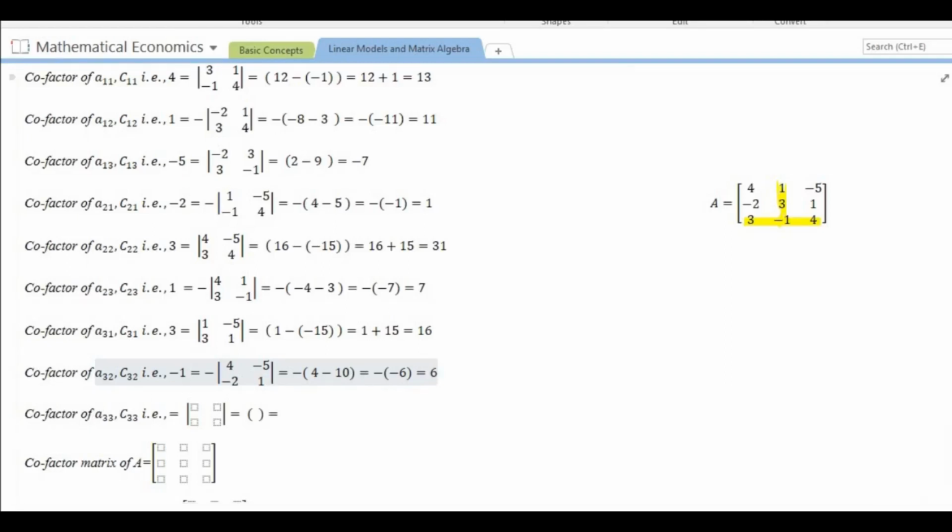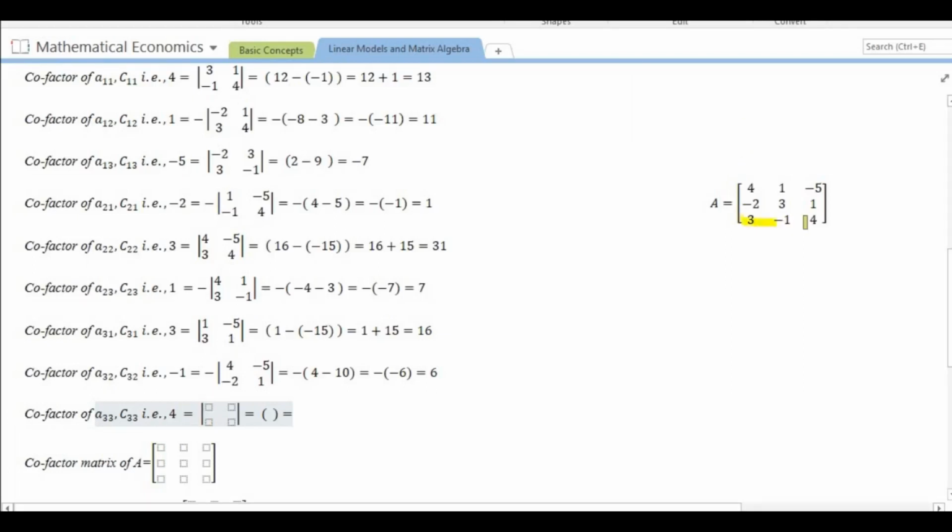Next, cofactor of A33, element present in the third row and third column, that is 4. What about its positional sign? 3 plus 3 equals 6. 6 is an even number, so we have plus.